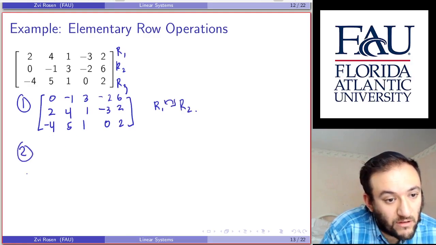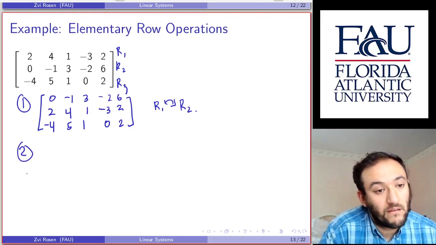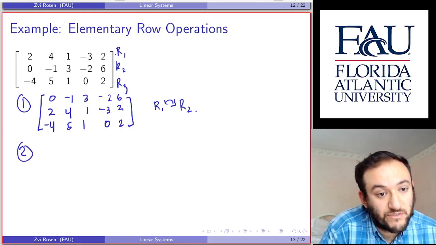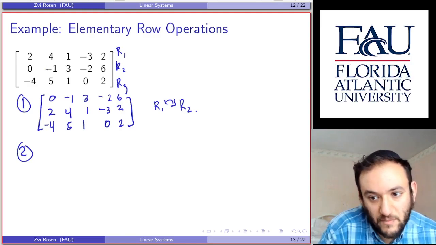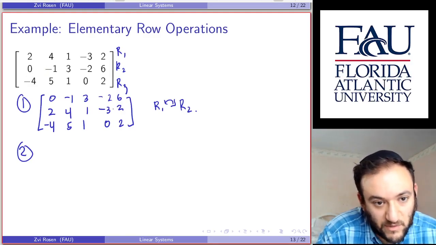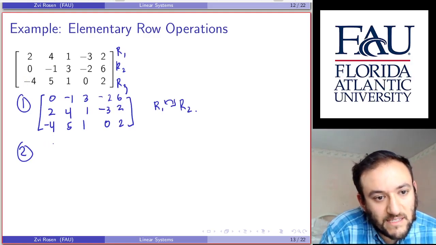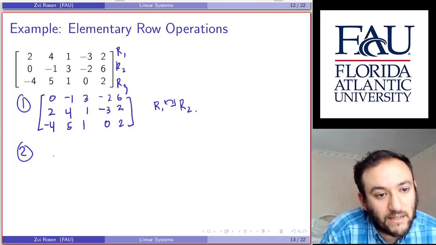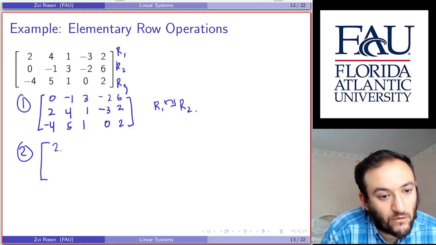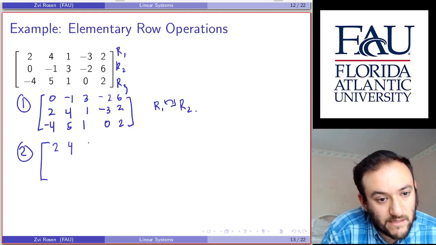Okay, how about an example of the second operation? Again, we're going to start with the top matrix here, not the second matrix that we did. So we'll do a scaling. Let's take row 3 and divide it by -4, so we'll have a 1 in the first entry. Now the first two rows are going to stay the same.